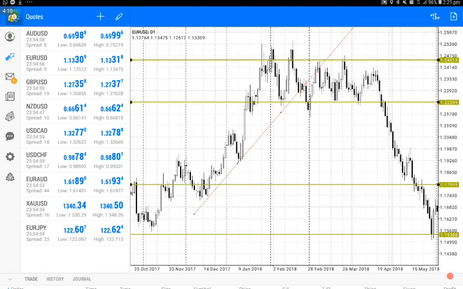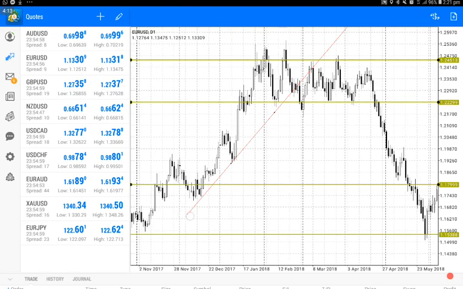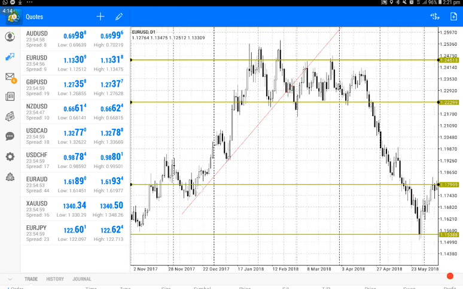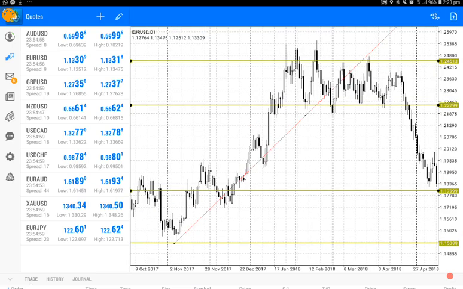What you need mostly is for the trend line to touch two points on your trend. So we have the trend line touching this point here. You see where price first bounced off this trend line was at this point here.